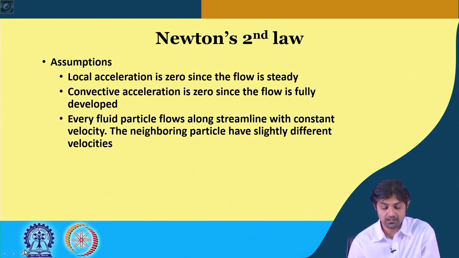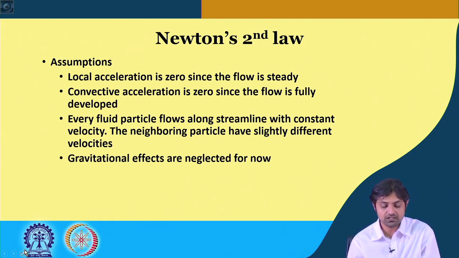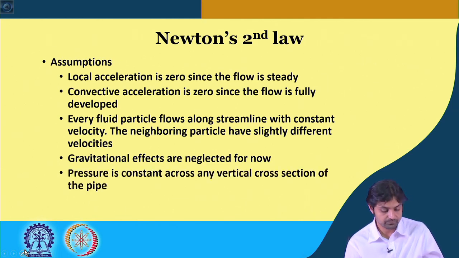The neighboring particles have slightly different velocities because the velocities are a function of radial distance r. For now, the gravitational effects will be neglected, and the pressure is constant across any vertical cross section of the pipe.